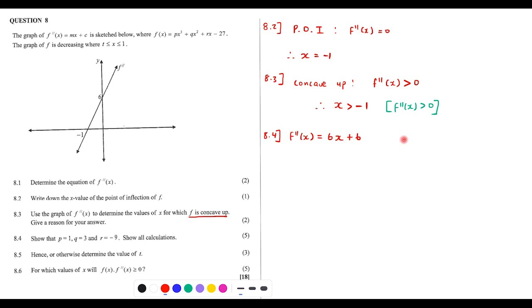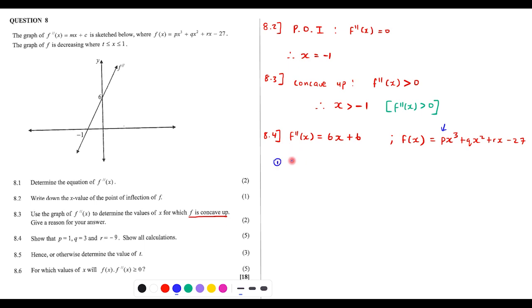And then after that, we also need our equation for the cubic function, minus 27. Now, one of the easy ways to find these unknowns is to take this original equation, find the second derivative, and then equate the second derivative with this one, right? So that is going to be the first step here.